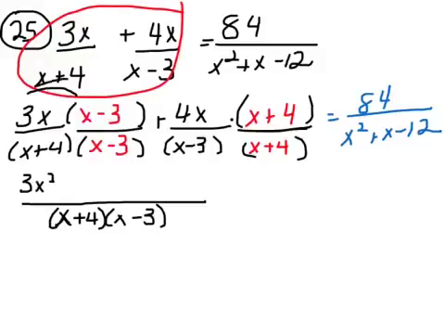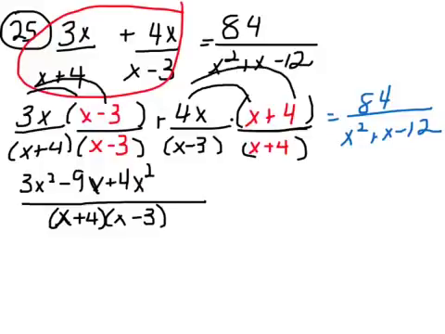Yuck. 3x times negative 3 is negative 9x. Over here, 4x times x squared is 4x squared. And 4x times 4 is 16x, right? And again, I'm not doing anything with the right-hand side. I'm just keeping up with it.